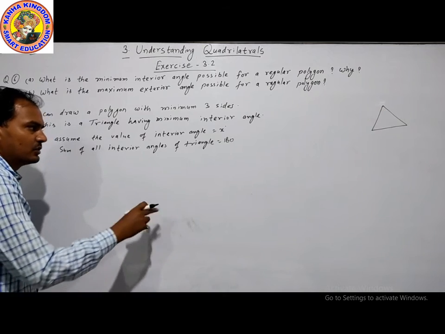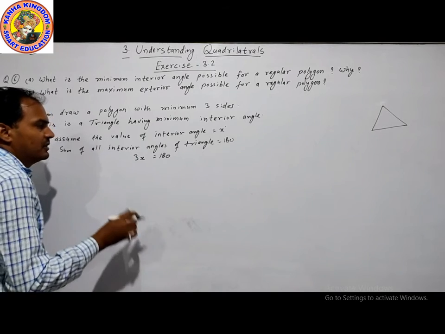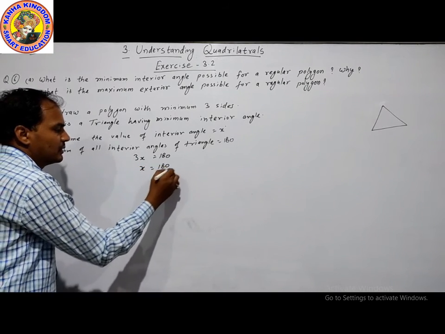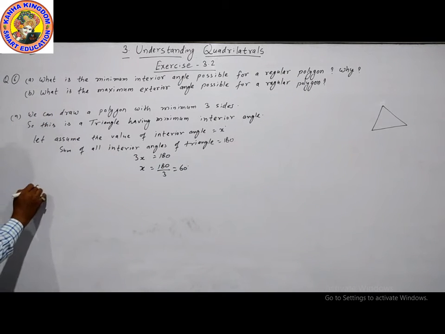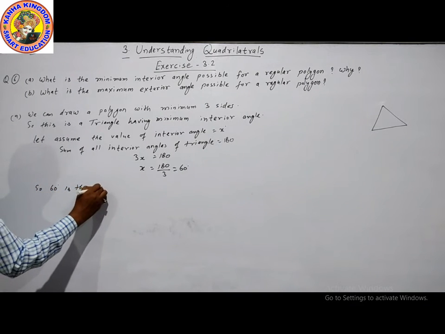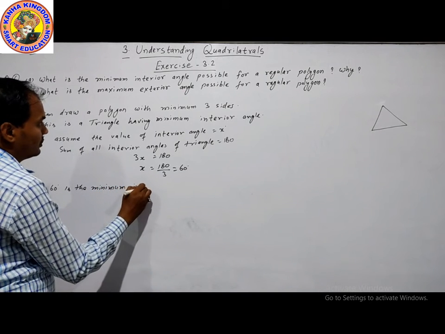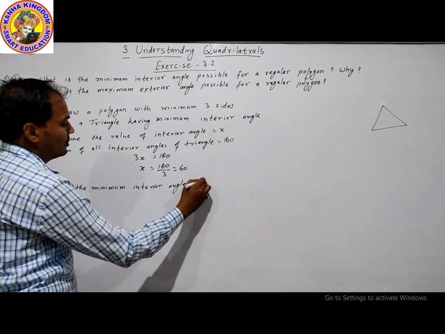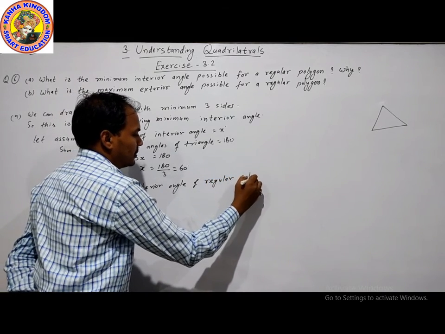There are three angles, so the sum of angles is 3x. The sum of angles in a triangle is 180, so x is equal to 180 upon 3, which is 60 degrees. So 60 degrees is the minimum interior angle of a regular polygon.